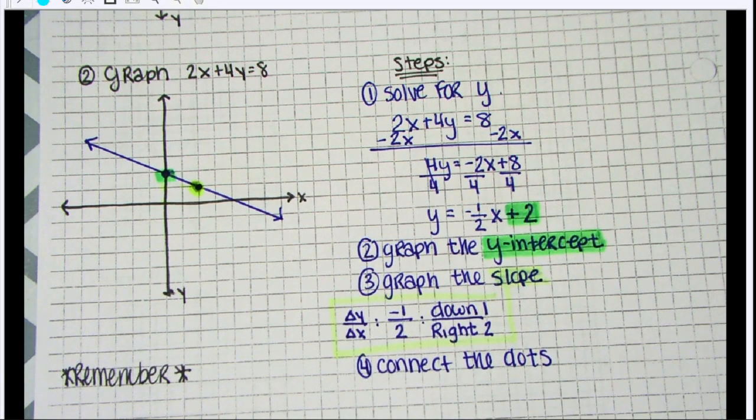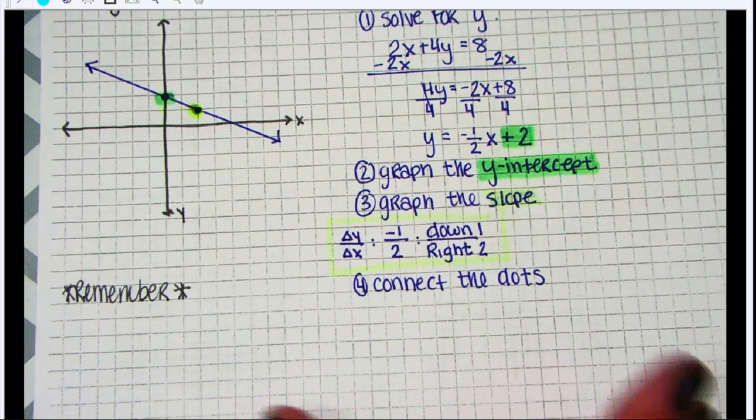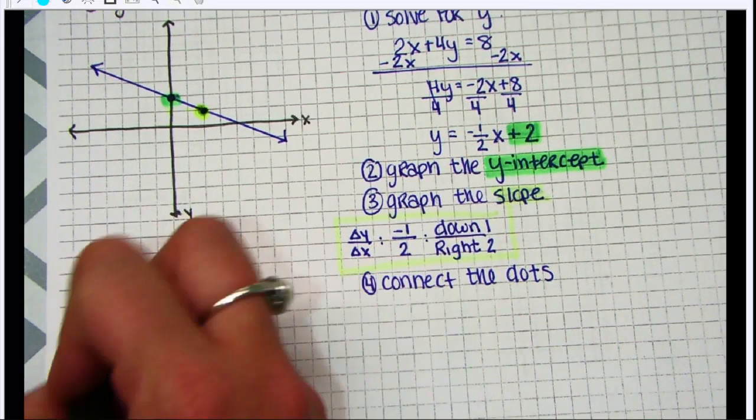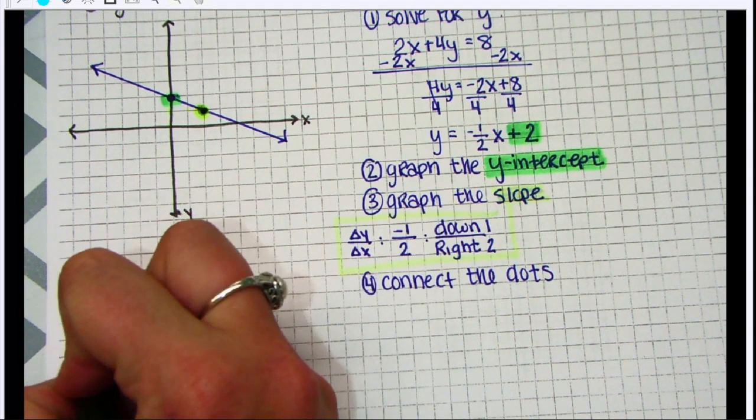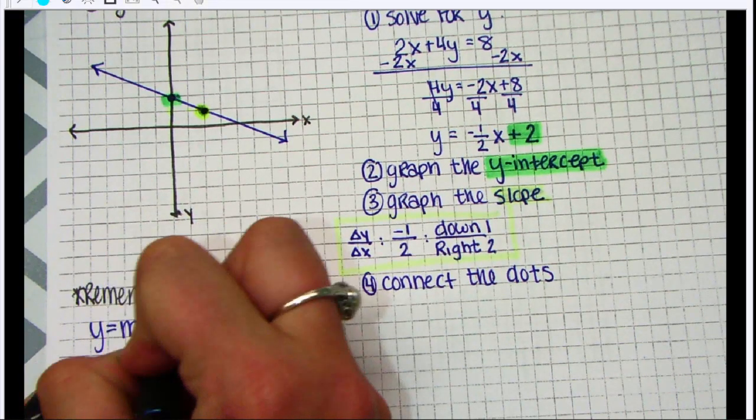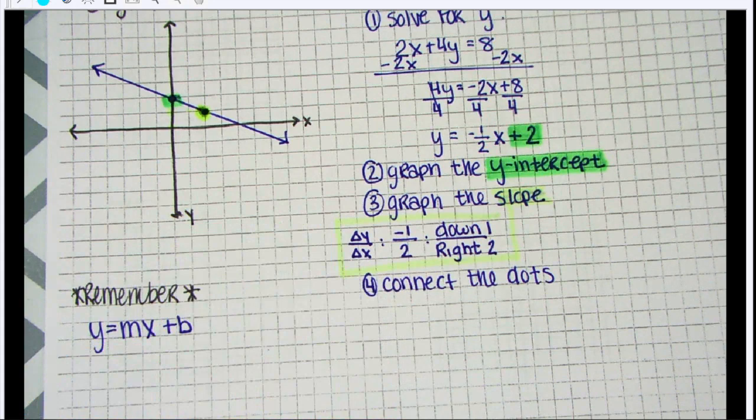All right, so some things we want to remember. We can only graph slope-intercept form if it's in y equals mx plus b. It has to be in that format to graph it.